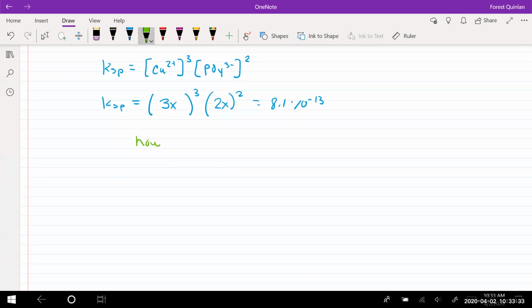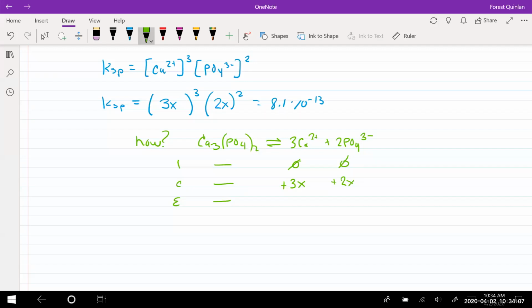So let's do the how. Remember we had Ca3(PO4)2. Go back and forth to make 3 calciums and 2 phosphates. If I did my ICE table, and this is the last time I'll do this, we assume zeros. This would add 3x, and this would add 2x. So at the end, we have 3x and 2x.